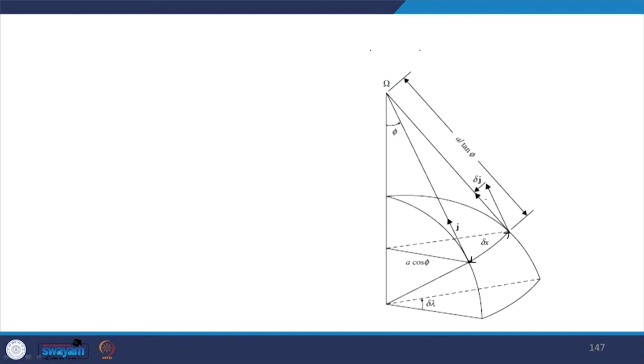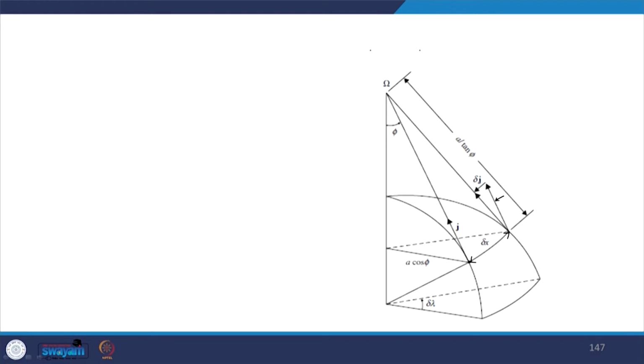In this figure it appears as if this vector is on top of that vector, rather it is next to it. The j vector and j plus delta j are actually in the same plane, that is what I want you to understand. These three vectors are in the same plane, they are not away from each other. J has now become j plus delta j.